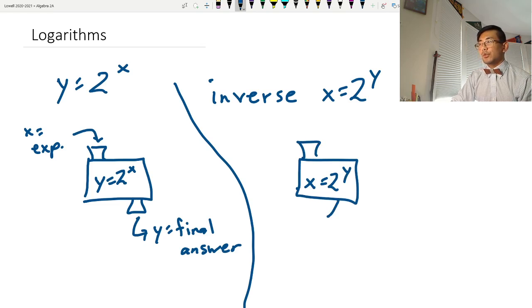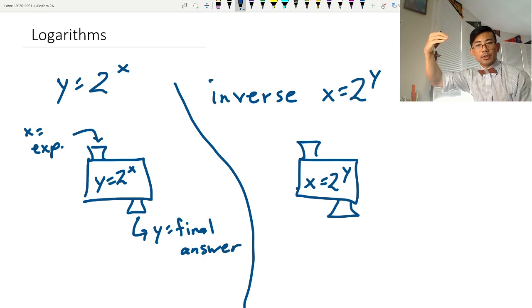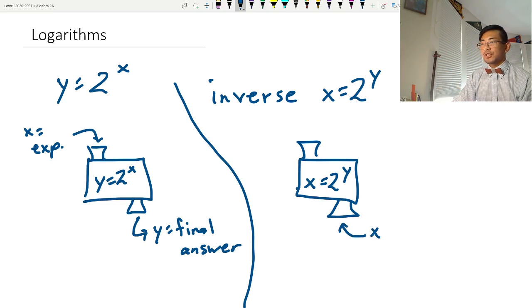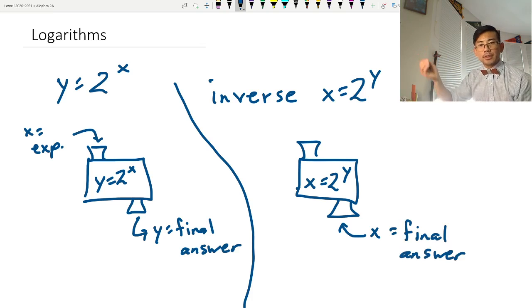If the original function machine takes an exponent and spits out the final result, the input to this function machine would actually be the final answer. And then what would the output be? The output is actually the exponent you needed to get to that final answer. And that's what y is, the exponent, exp.